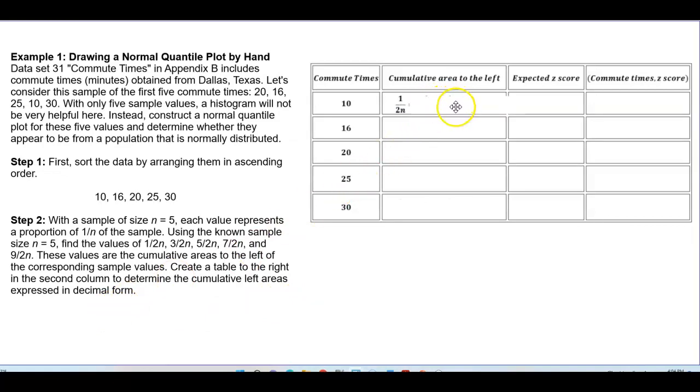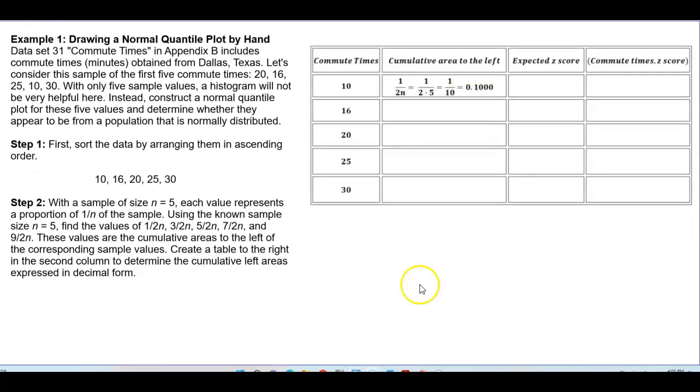Let's take a look at the first one, 1/2n. Well, n again is equal to 5 because we have 5 sample values. So we have 1/2 times 5, which is the same thing as 1/10. Let's write that as a decimal, which is 0.1000.